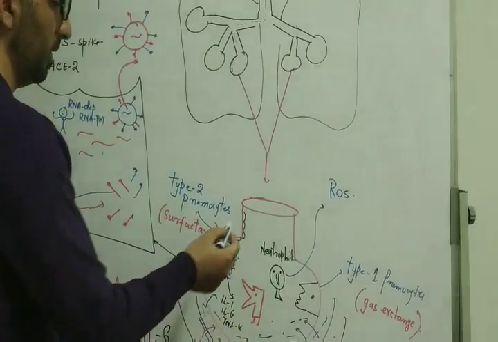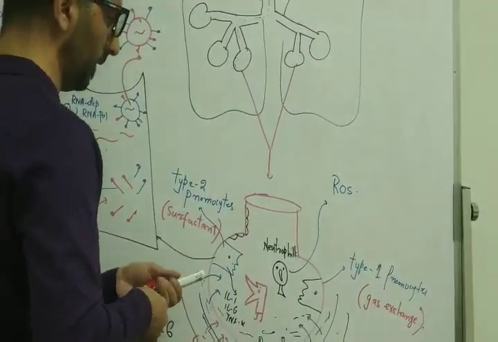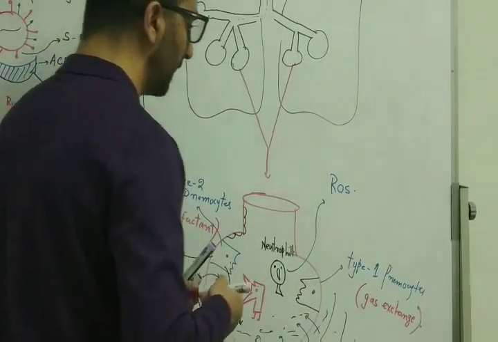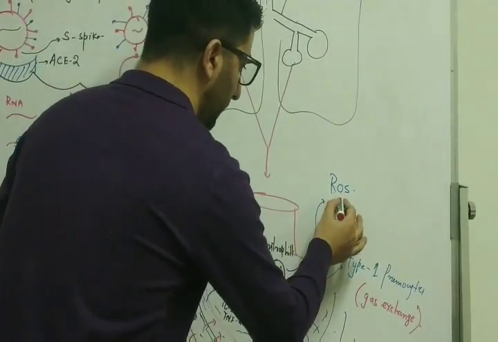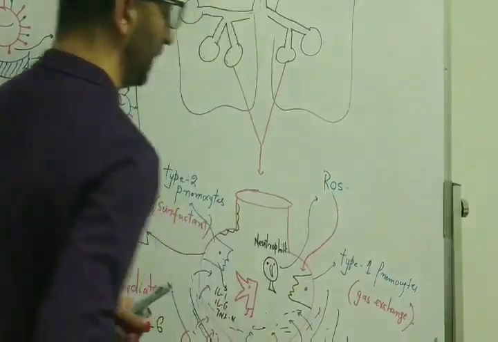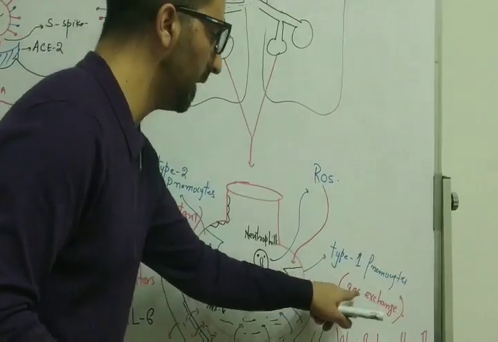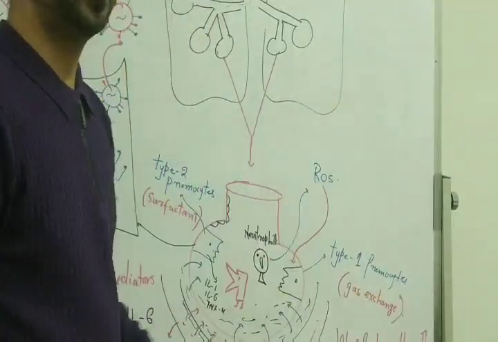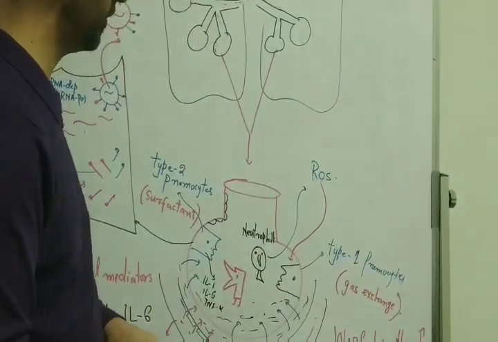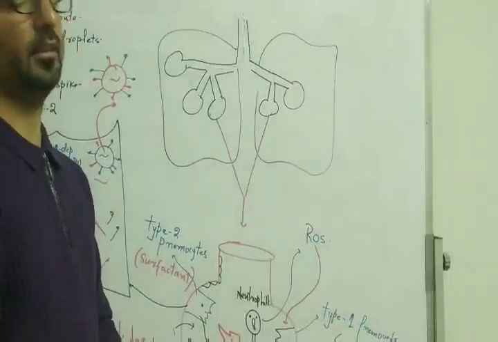So if the reactive oxygen species damages this type 1 pneumocyte, what will happen? If they are damaged, gas exchange will not occur. If there is no gas exchange, there will be less breathing.